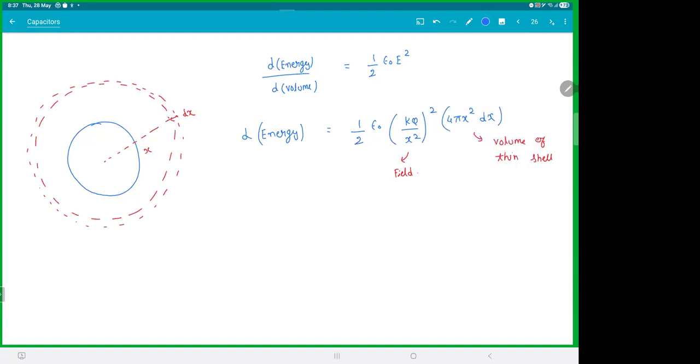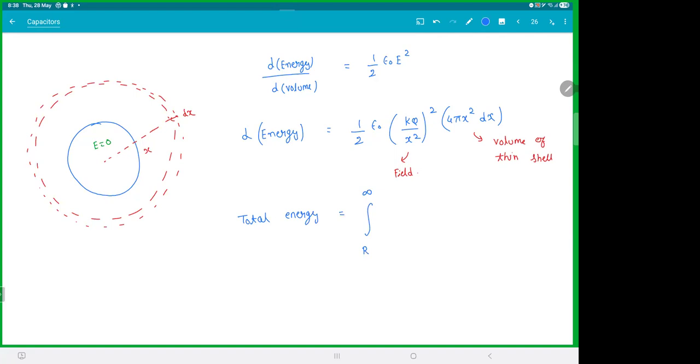Now, just suppose I calculate the total energy, meaning if I want all the energy in the space. Remember, the field inside the shell is anyway zero. That means there is no energy inside that hollow space. Whatever energy was there, it is always outside only. So total energy will be an integral. The energy is from R to infinity.